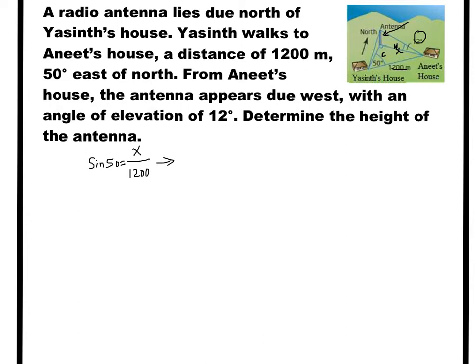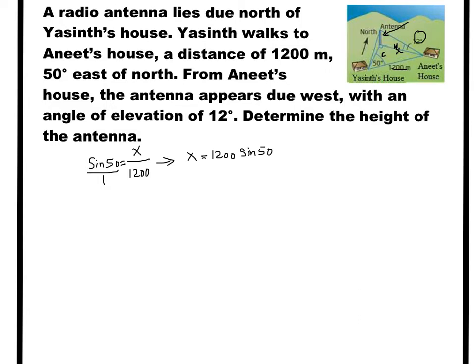So if I cross multiply, I can find that x is 1200 sine 50. Now either I can use the calculator and estimate this value, or I can just leave it the way it is.